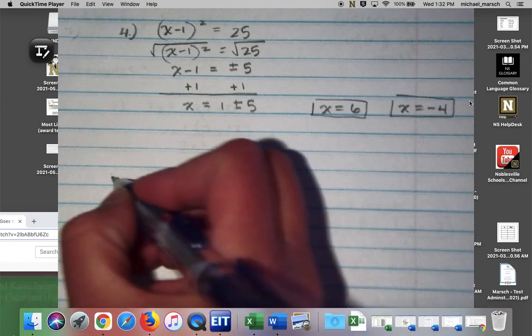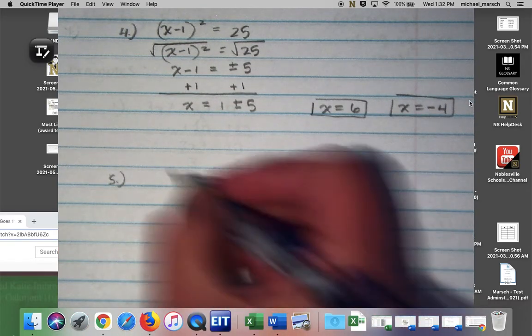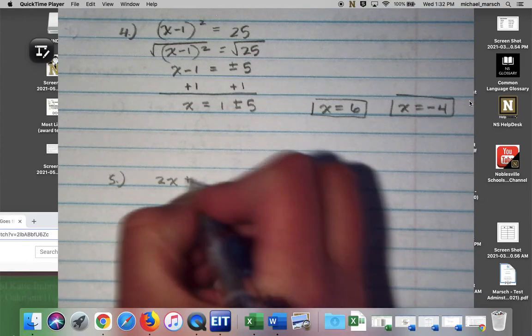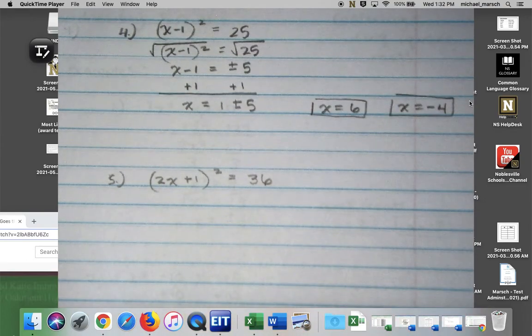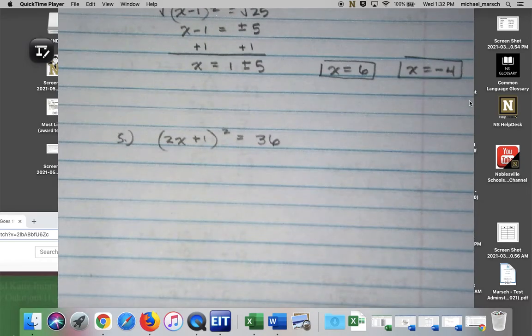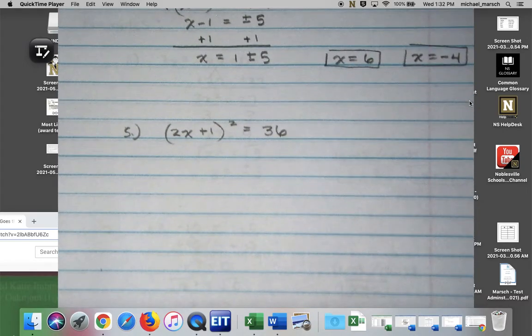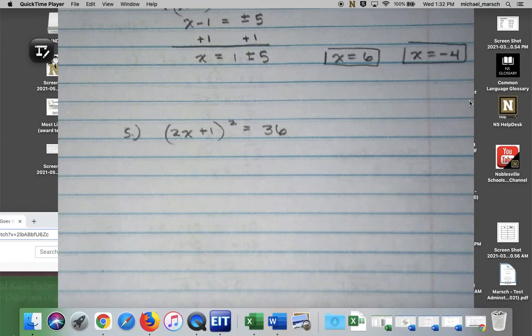Okay, number 5, scooting right along. 2x plus 1 squared equals 36. All right, so I'm going to do the same thing.